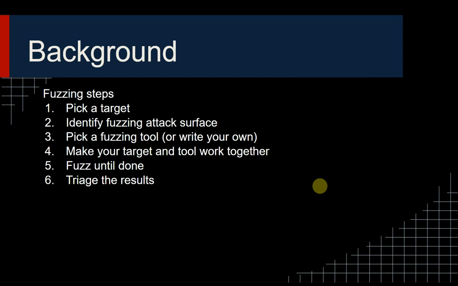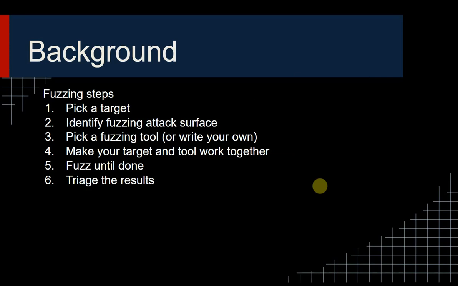Now, as a general background, when we go through the process of fuzzing, we're interested in picking a target. So it's picking a target binary and executable that we're interested in finding vulnerabilities in. We're identifying the fuzzing attack surface, or the inputs, where those inputs are fed into that target. We're then going to pick a tool or write our own tool. For the sort of stuff we were doing last week, it's very easy for you to write your own tool.